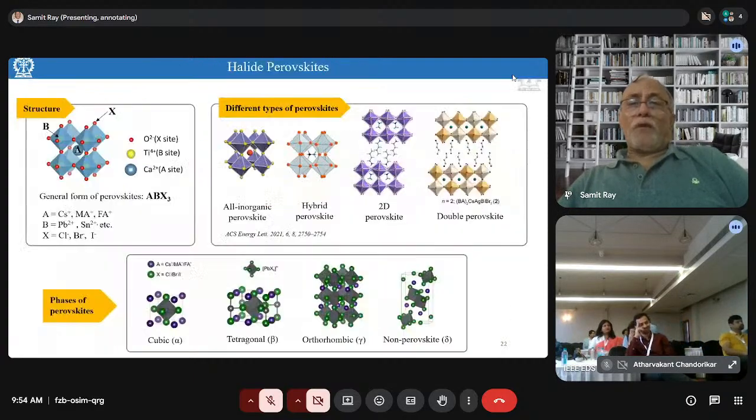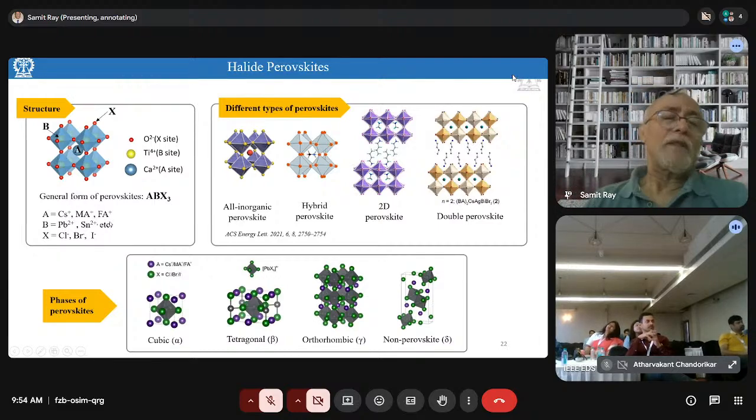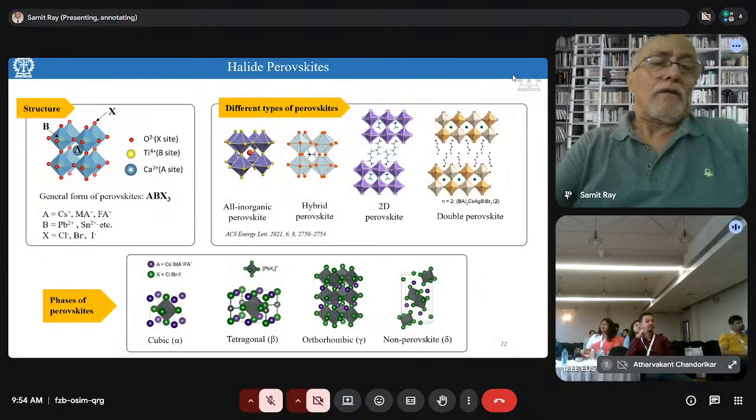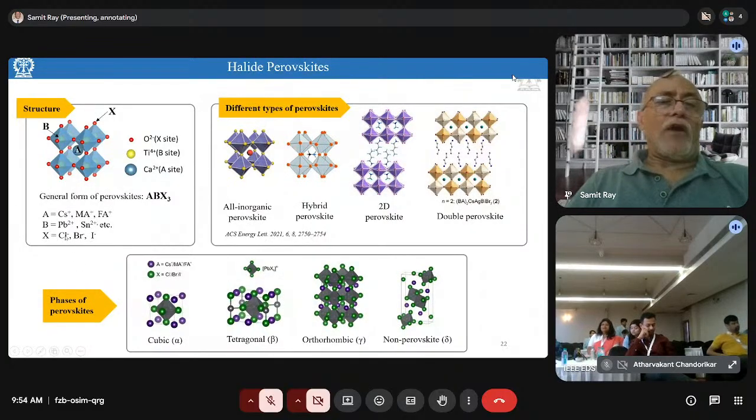Okay, so what are these perovskites? Perovskites are materials with an ABX3 structure. The A site is taken by a monovalent cation, methylammonium or FA. The B site is taken by a divalent cation like lead, etc. And the X site is basically a halide anion.